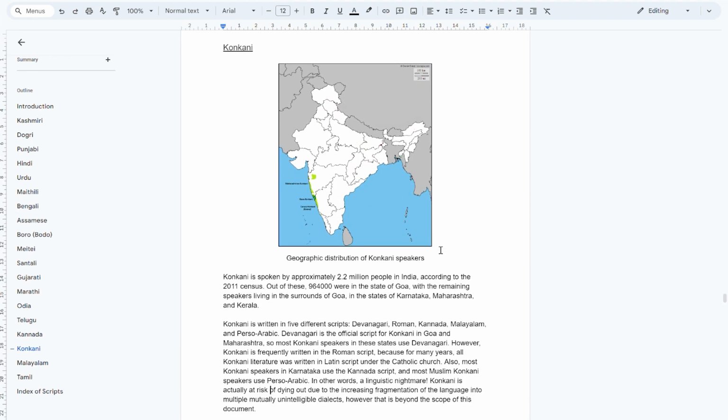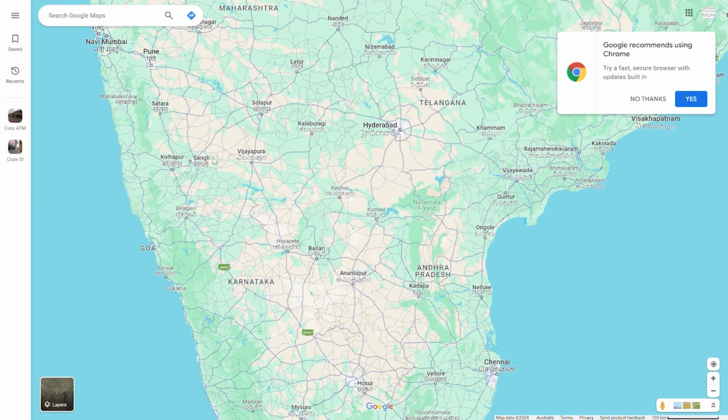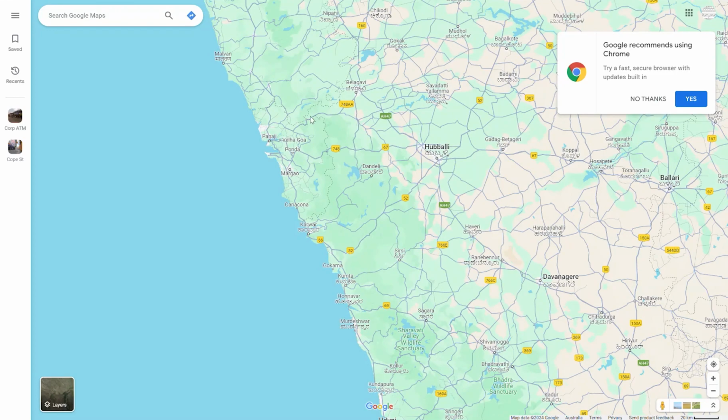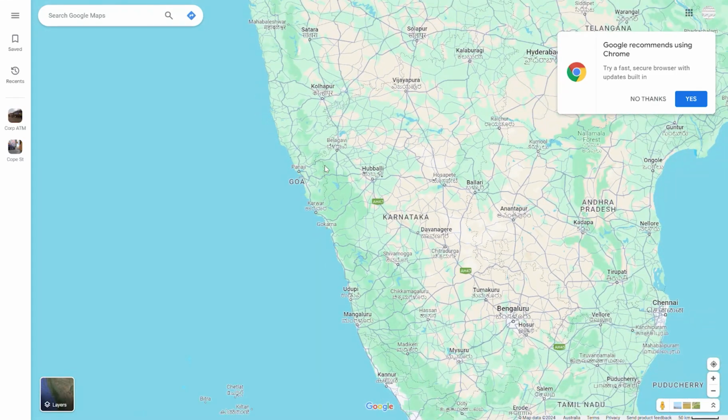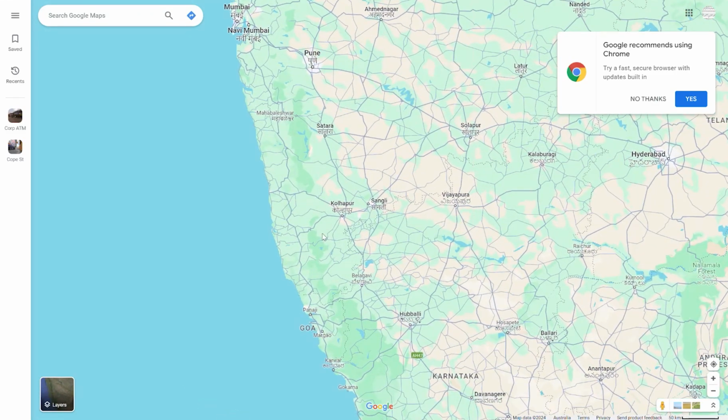Next we have Konkani. So Konkani is spoken by about 2 million people, most of whom are in Goa or the surrounds of Goa, in Karnataka, Maharashtra and Kerala. So looking at it on a map, Goa is this really small state, little pocket.